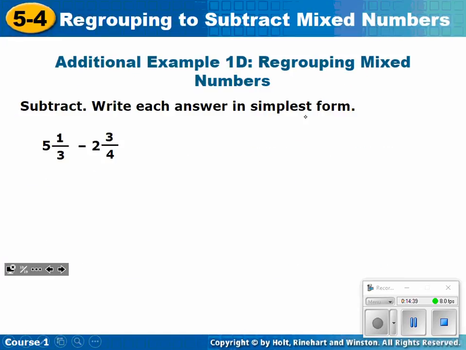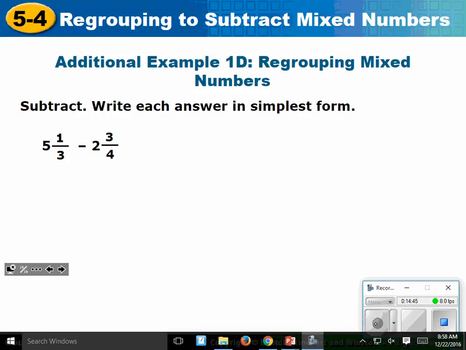This one's got all the fun stuff. First of all, let's get a common denominator. Something over 12. Multiply by 4 here, by 4 here, so we get a 4.